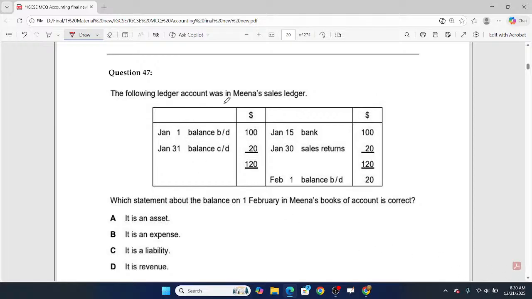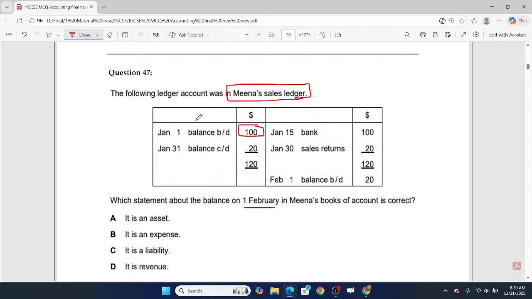Question 49. The following ledger account was in Mina's sales ledger. This is about the sales ledger. Which statement about the balance on 1st February in Mina's books of account is correct? This one, the balance brought down, is the amount recoverable from Mina.